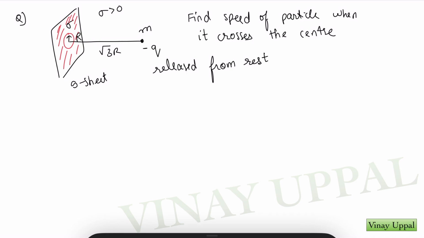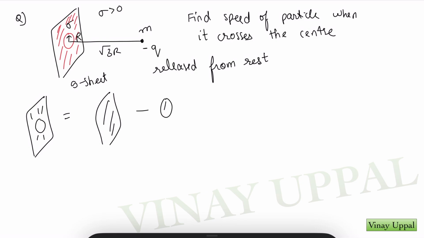Right, so think in terms of energy and give it a try, then you can take a look at my solution. Alright, so I can treat this sheet with the cutout circle as an infinite sheet minus a circular disc. So I know the potential due to the circular disc, I even know the field due to an infinite sheet, so that's what I'm going to use.